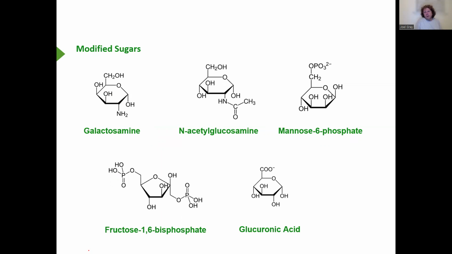What I want you to know about is I want you to be able to identify these 5 specific examples. If I gave you the name versus the structure, what is this?